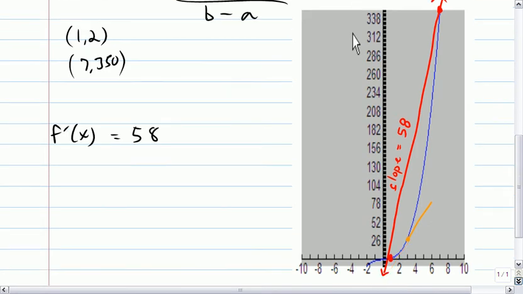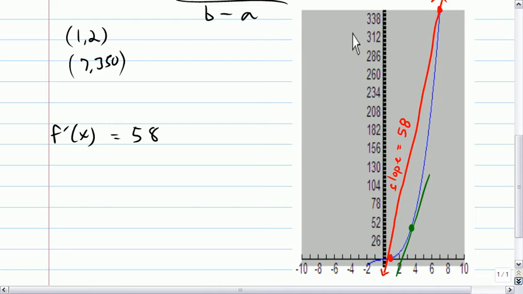So I can start by guessing where along my curve I think I'll have a tangent slope of 58. Well, it's not up here, right? That line's a lot steeper. So just eyeballing it, it looks like it would be somewhere in here maybe, and maybe a little bit further than that.